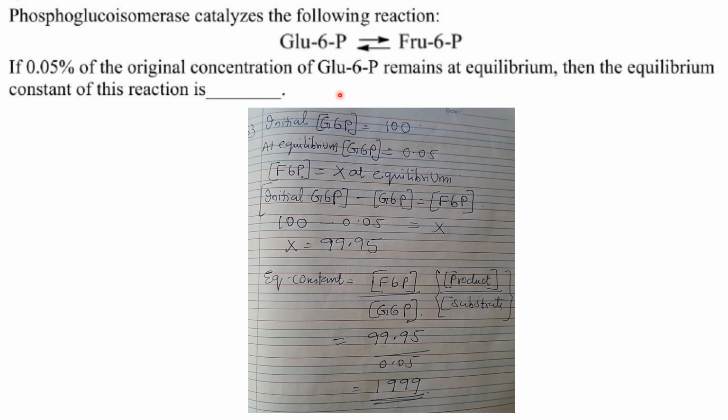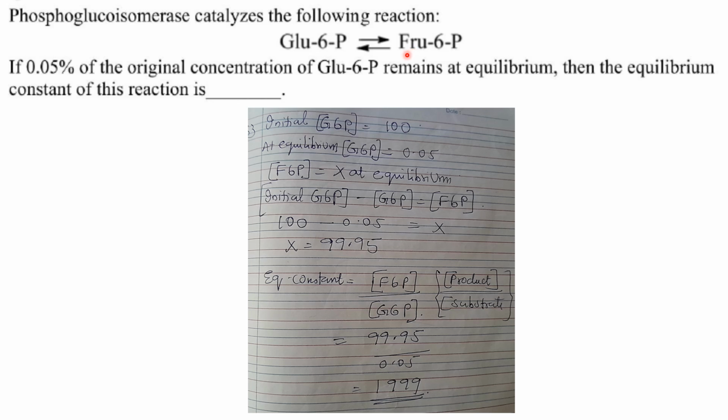So here they have given that 0.05% is the original concentration of glucose 6-phosphate at equilibrium. Okay, so 100 will be the initial concentration of glucose 6-phosphate and 0.05% will be the one at equilibrium.